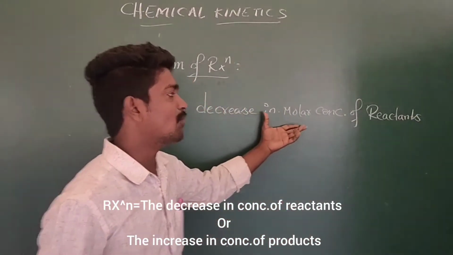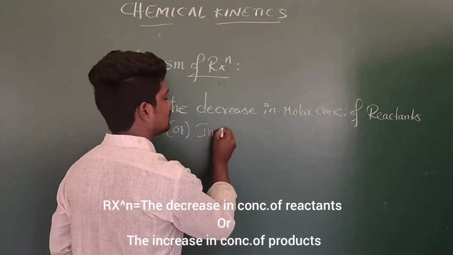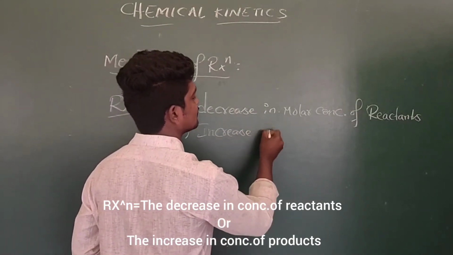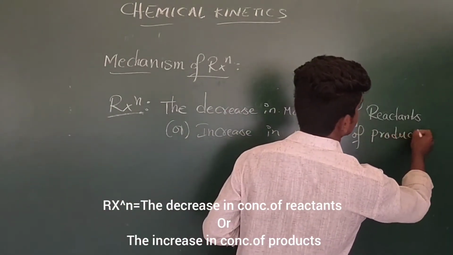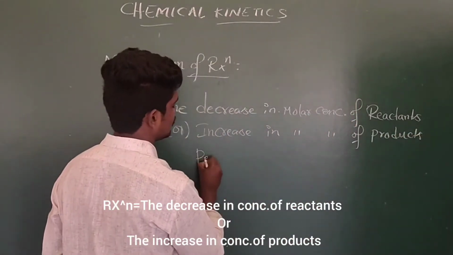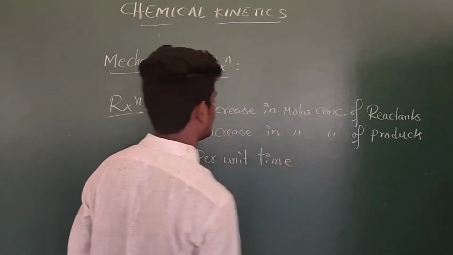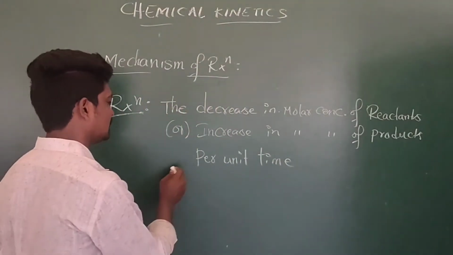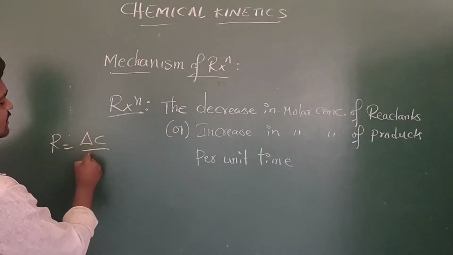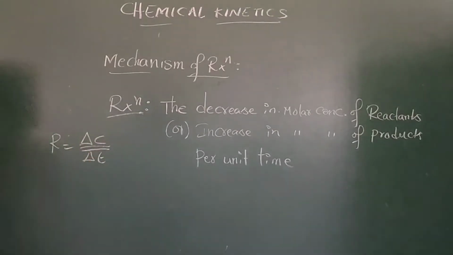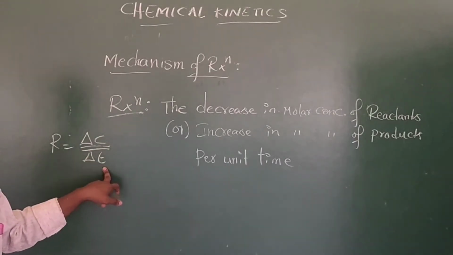R is equal to delta C by delta T, where delta C is the change in concentration of products or reactants, and delta T is the time interval.